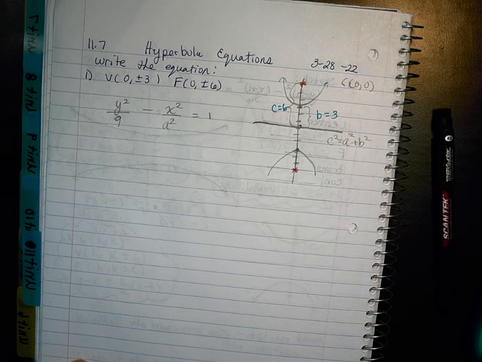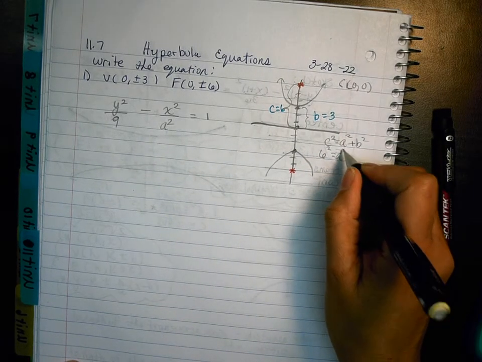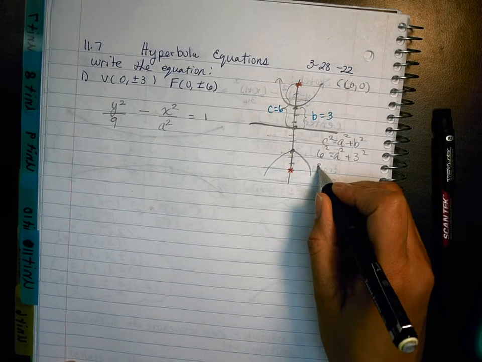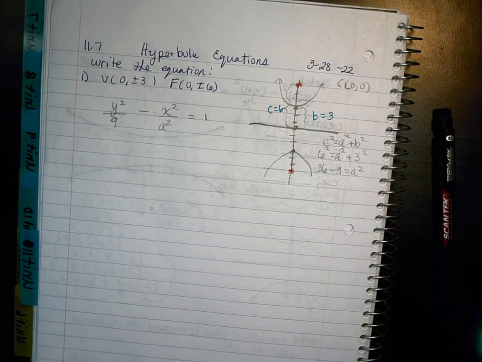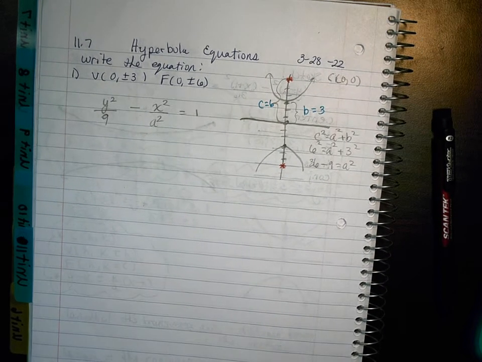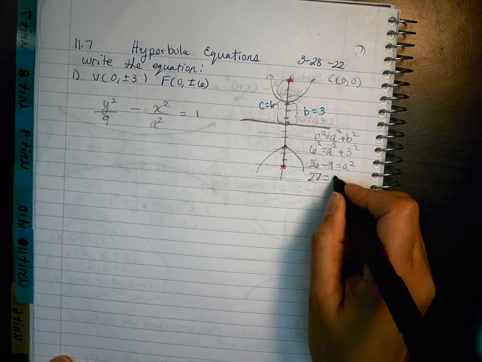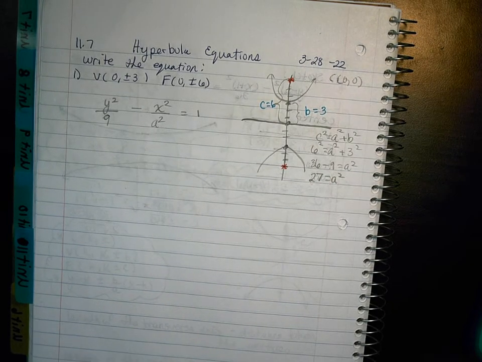So I'm going to plug it in. C is 6 equals A squared is what I'm looking for, plus B is 3. So I'm going to have 36 minus 9 equals A squared. What is 36 minus 9? 27 equals A squared. Do I need to square root that? No, because A squared is what I'm looking for.